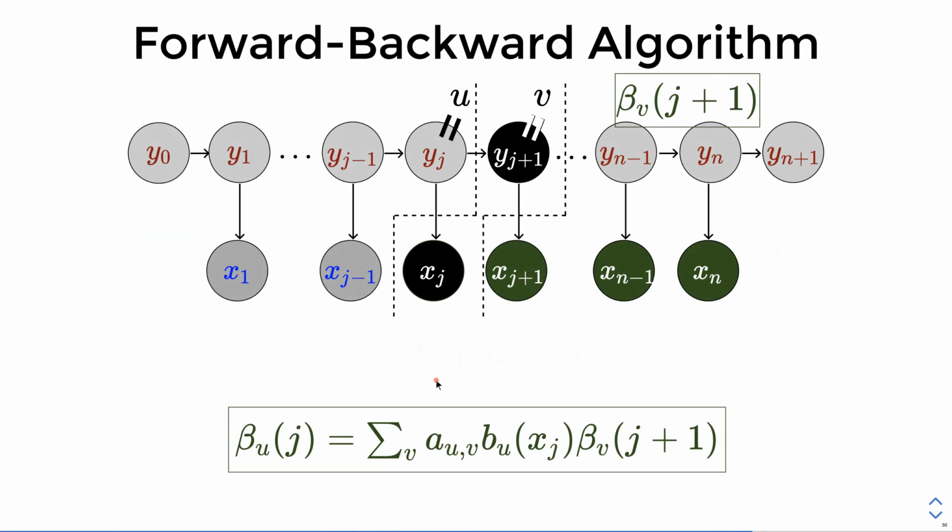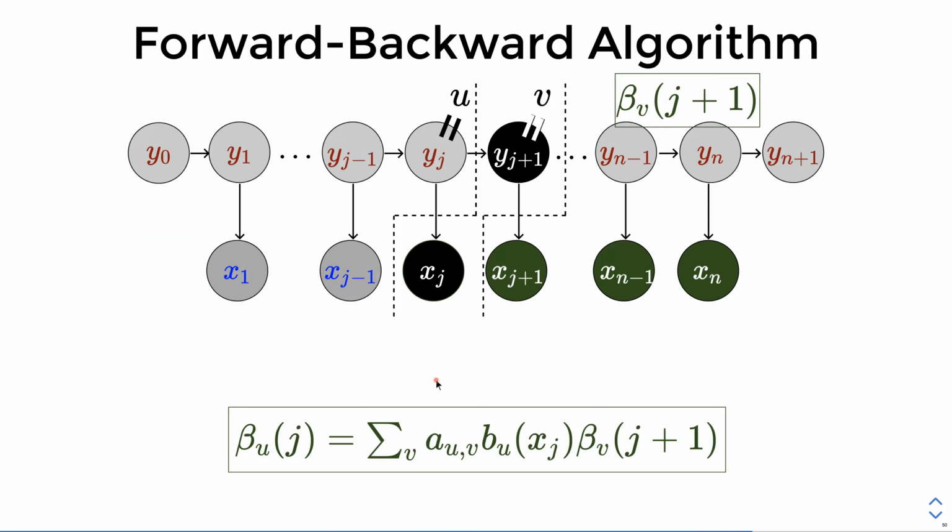I'm not going to write down the pseudocode here, unlike what we did for Viterbi, but you should be able to understand the entire procedure to calculate alpha and beta. For alpha, you move from the left to the right. For beta, you move from the right to the left.